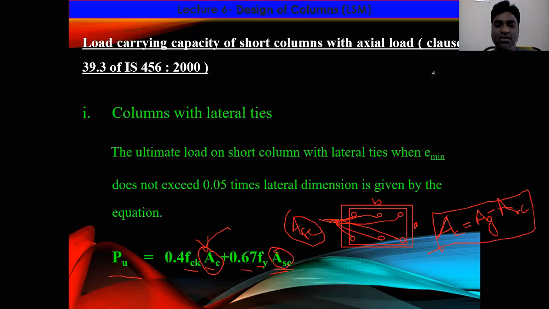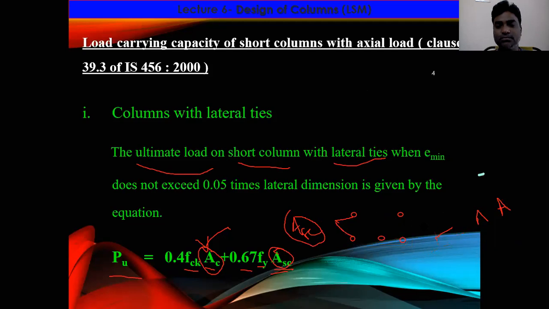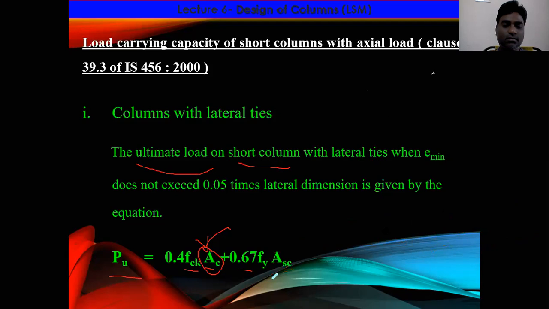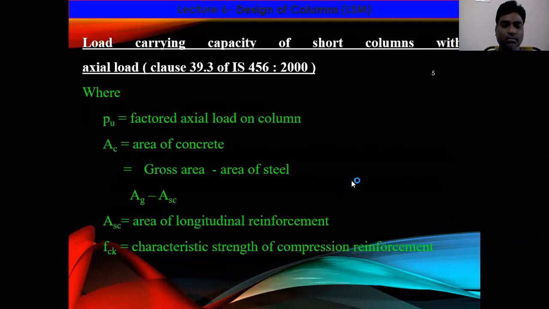the ultimate load on a short, axially loaded column with lateral ties. So just now as I mentioned, Pu is the factored axial load on the column.